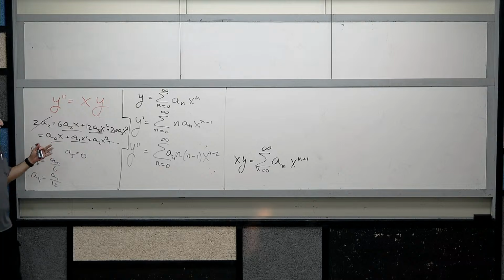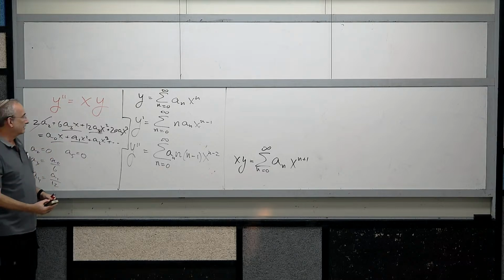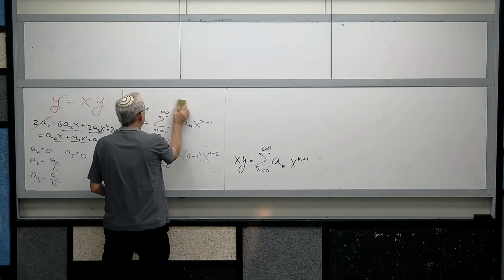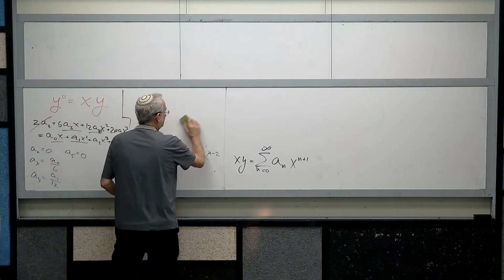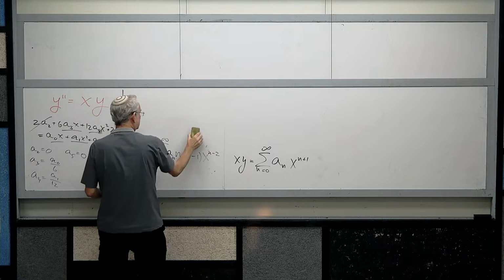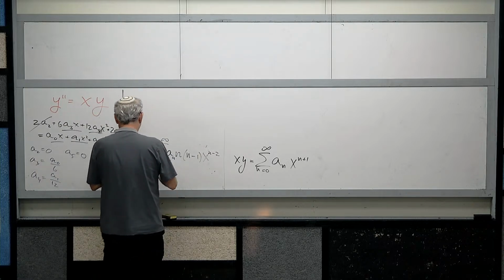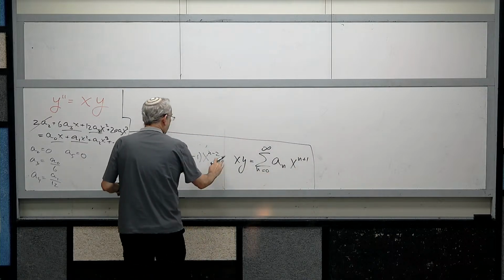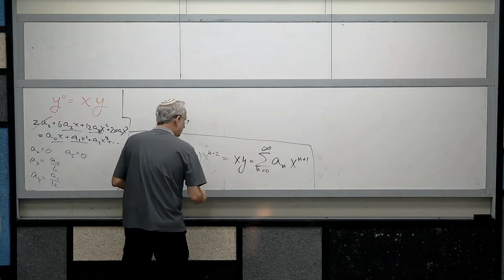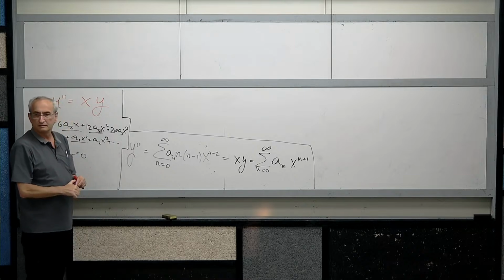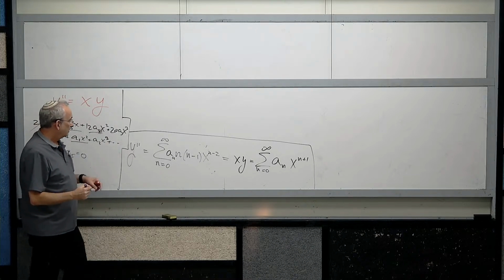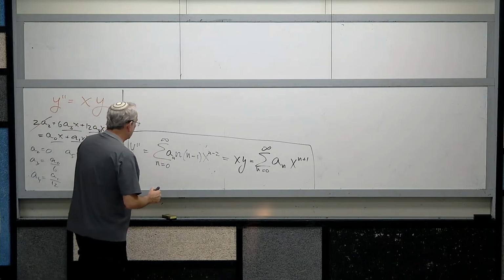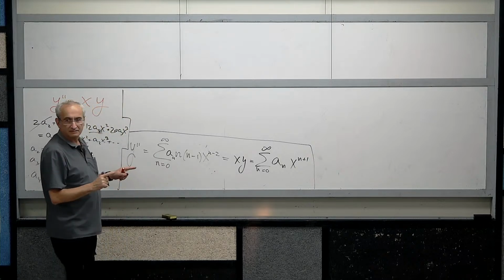Now let's try to do that in a more abstract manner. So we want this to be equal to that. Okay? And now what I will do, I will change indices.